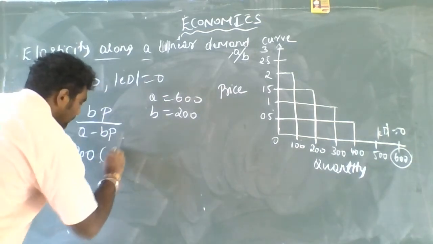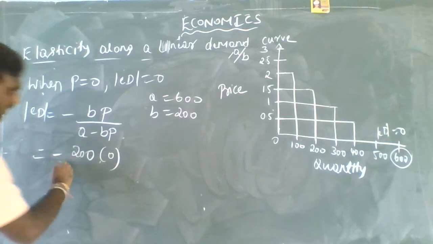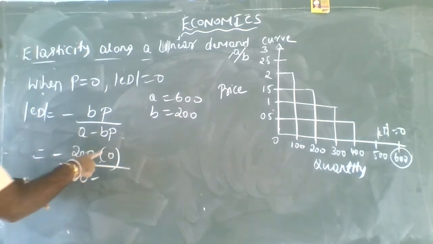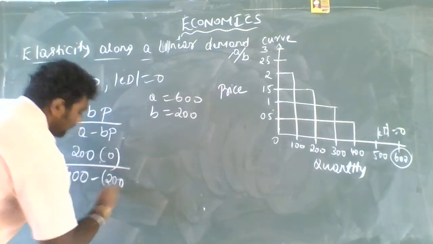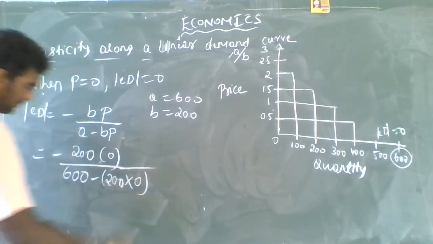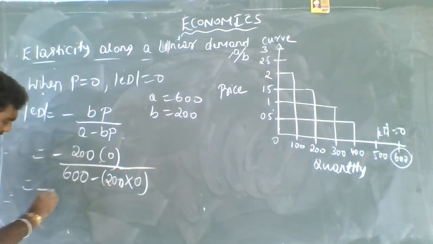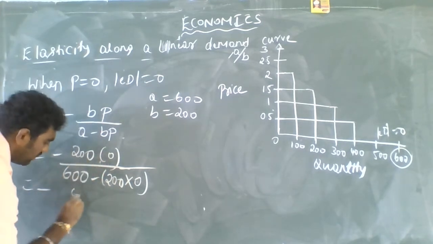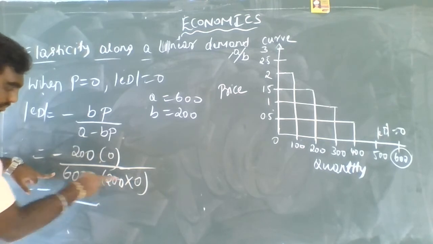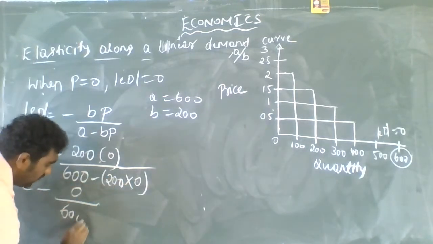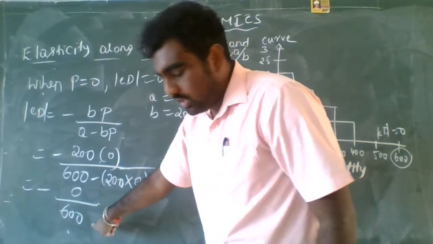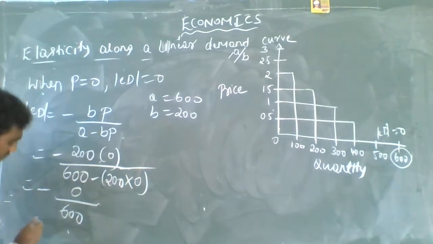So 200 into 0 in the numerator, and in the denominator A is 600 minus 200 into 0, which is 600 minus 0, which is 600. When 0 is in the numerator and 600 is in the denominator, the value is also 0.